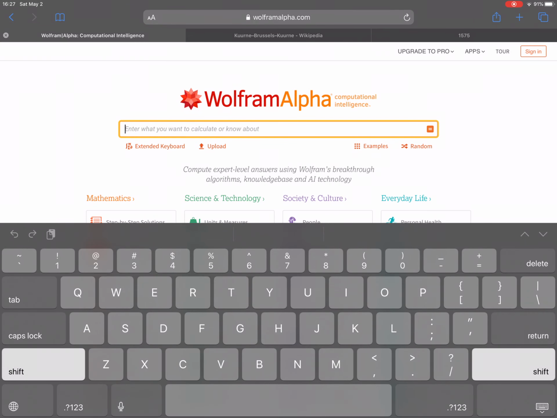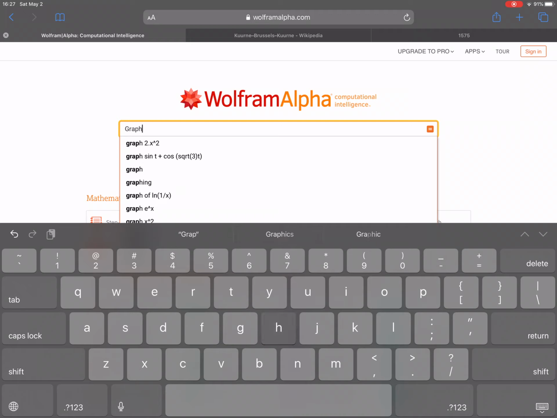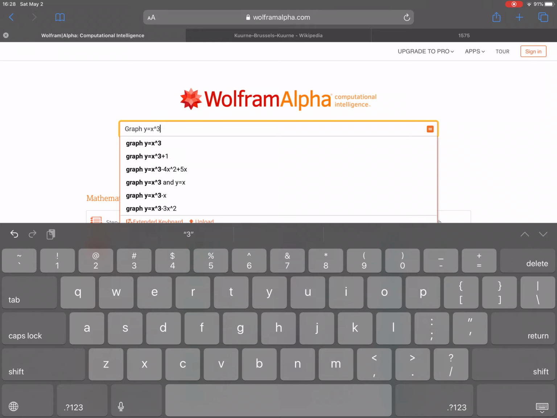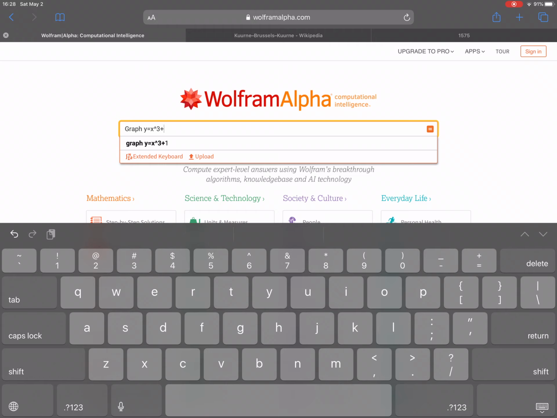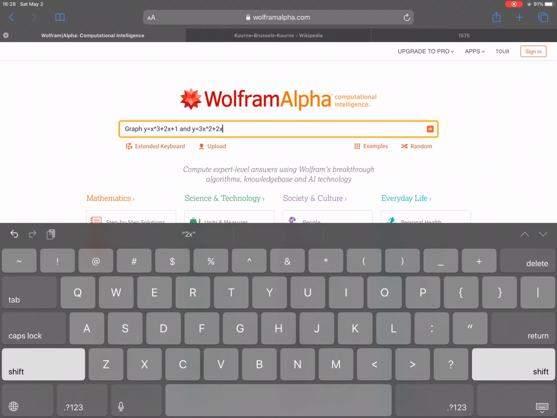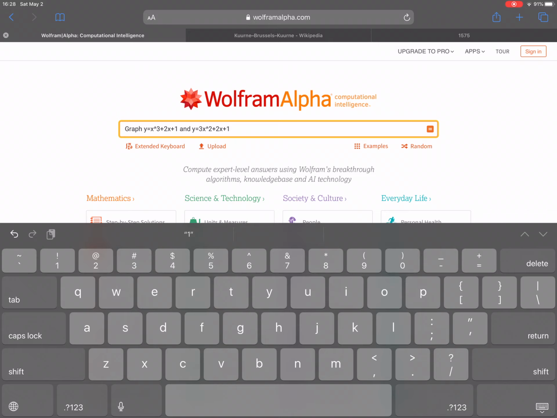So we plot y equals x cubed plus 2x plus 1 and y equals 3x squared plus 2x plus 1. Okay, let's see what we get.